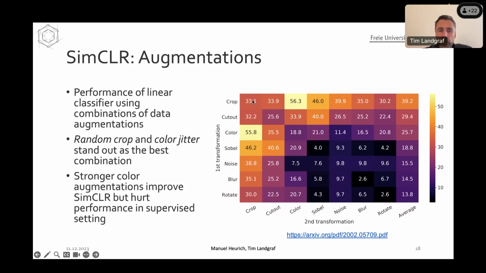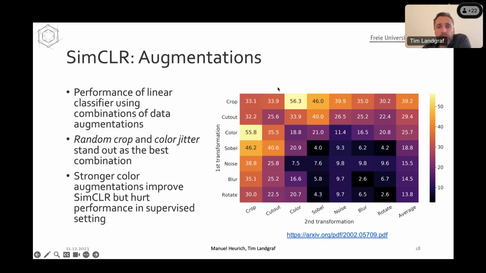So crop and crop means they just crop once, but crop and cutout means they first crop and then they cut out something. And crop also means crop and then scale it back to the original dimensions. And what they measure here is again the performance of a linear probe, a linear classifier on top of the embeddings that we obtain after training.